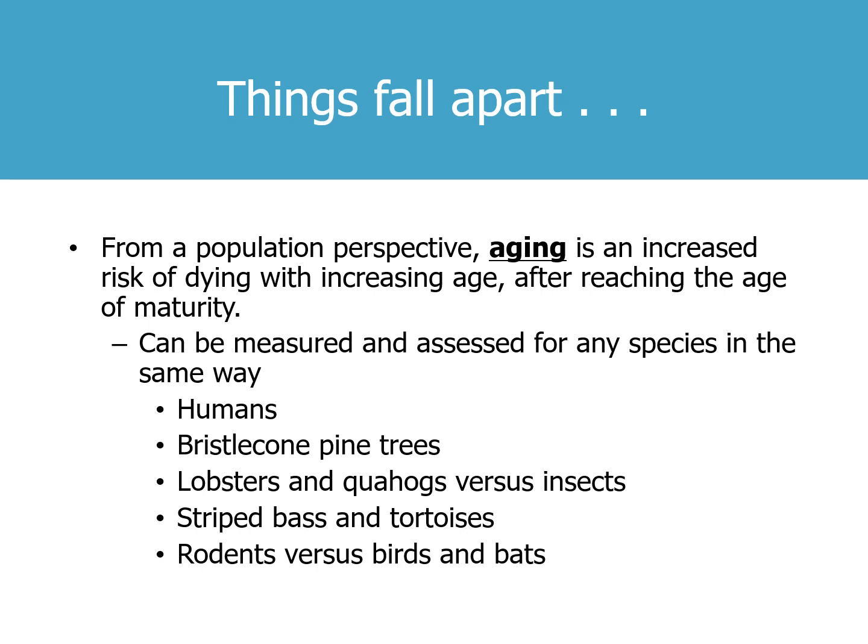Nothing like the bristlecone pine tree, though, which was recorded to be 7,000 years old. Lobsters and quahogs, which are a type of clam, can reach 100 or 200 years old, respectively. And striped bass and tortoises can reach 120 or 150, respectively. Meanwhile, rodents and birds typically only live a couple years, depending on the bird, of course, and bats can live around 30 years.